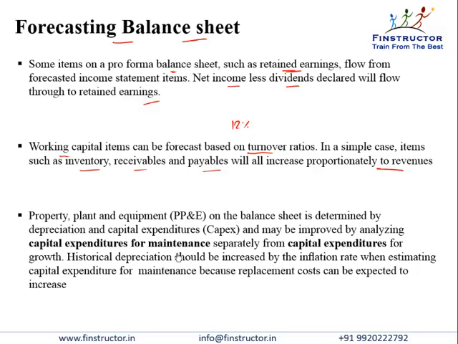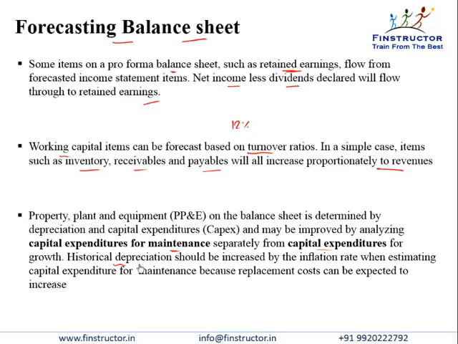Capital expenditure for maintenance should often be evaluated separately from the capital expenditure for new expansion or growth. So depreciation often is used as a proxy for the capex, or for the maintenance capex, or what we need to do to maintain our business.